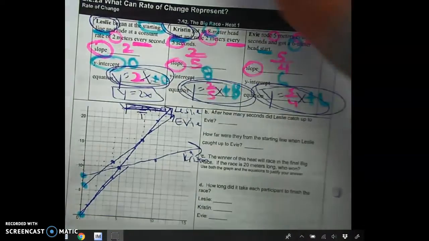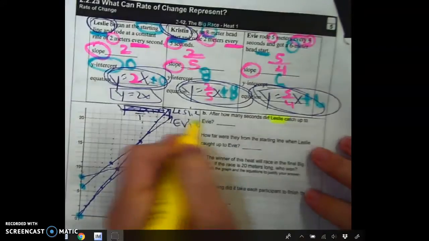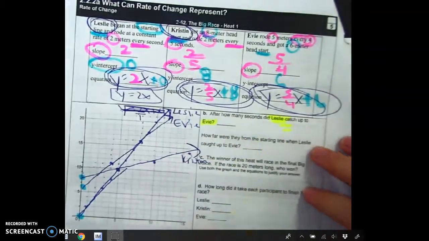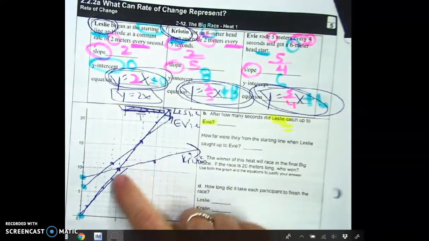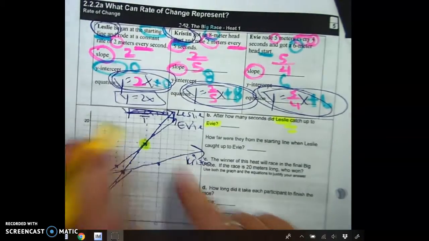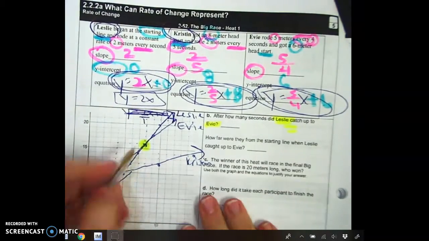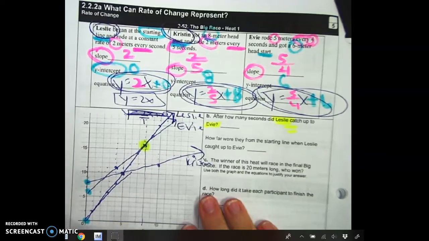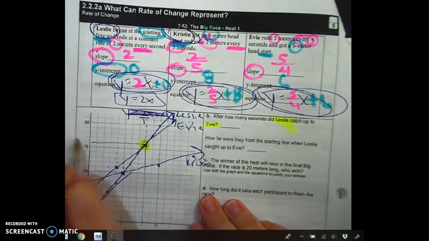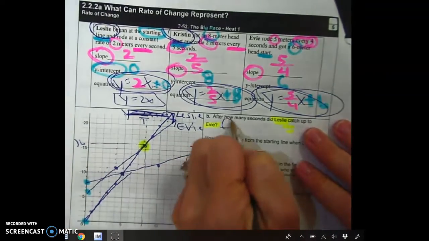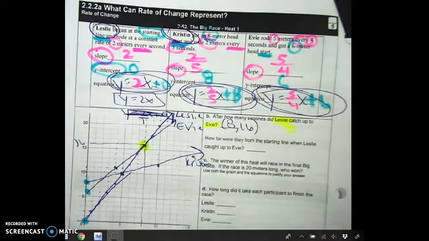Okay? So now they want to know, when are Leslie and Evie equal? There's Leslie and there's Evie. Boom, right there at that point. And that is the point 8, 16. So 8, 16.